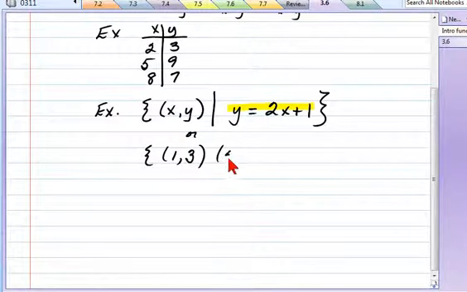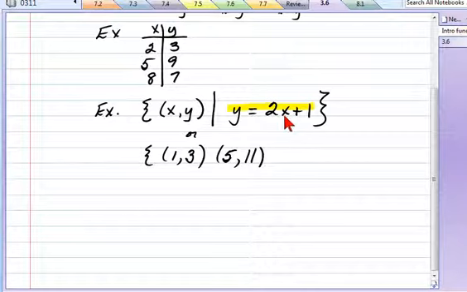What if I let x be 5? What would y be? 11. It would be 2 times 5 is 10, plus 1 is 11. And there would be an infinite number of ordered pairs that could be filled in there.